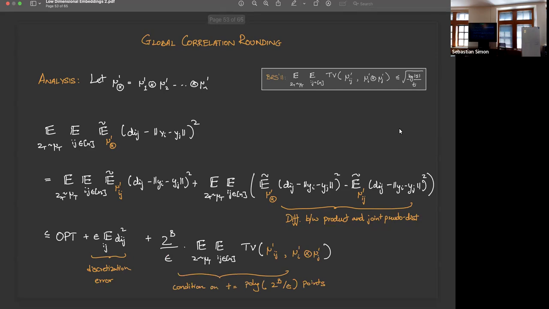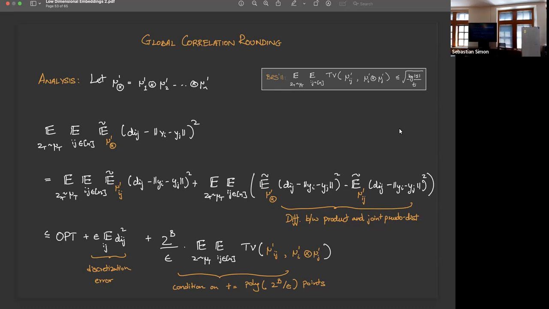Since we discretize these variables, we know that they lie in this bounded space. They take values that are at most 2 or so, and the remaining thing is just this average dp distance between the joint distribution and the product. Okay, so now we can apply this TRS kind of guarantee on this and what you get is that it brings us to condition it on 2 to the v over epsilon.